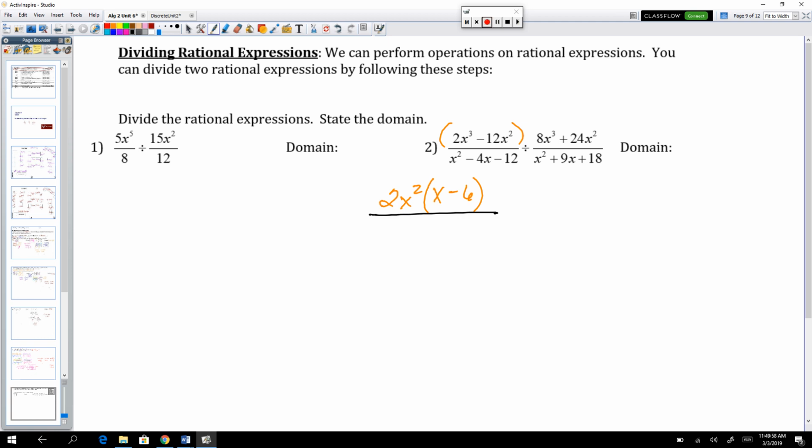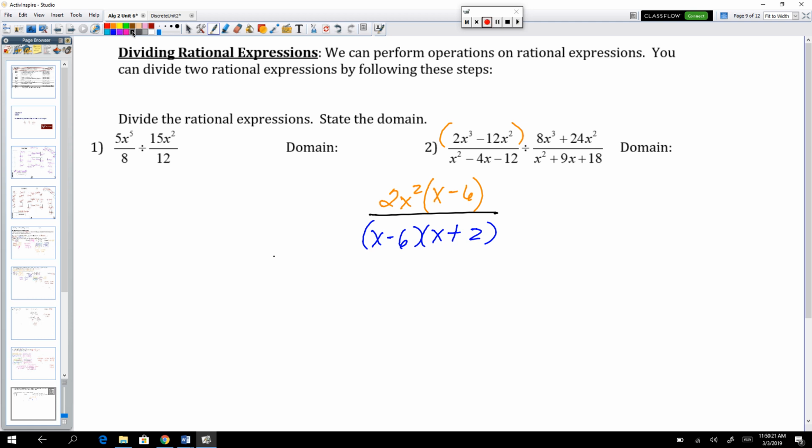Underneath that, I've got a trinomial that needs to be factored. The things that multiply to -12 and add to -4 are probably some version of 6 and 2, not 4 and 2. 6 and 2. And we know that the 6 must be negative and the 2 must be positive.